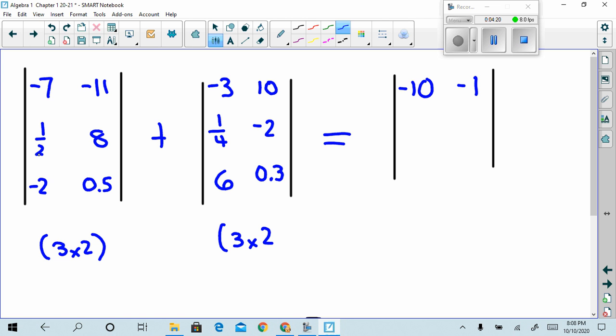Now, because I'm dealing with real numbers, I can have fractions and decimals in here. This is actually 1/2 plus 1/4, needing a common denominator. That will give me 3/4 and 6. -2 plus 6 is 4. 5/10 plus 3/10, 8/10. Again, the end result is another 3 by 2 matrix.